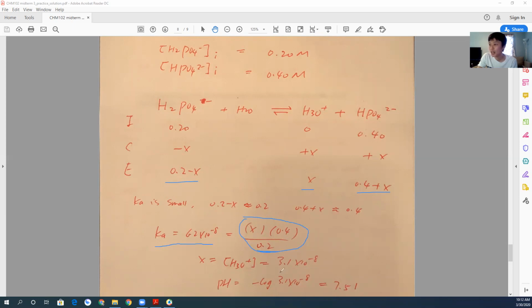I solve for x. And then you have to write down that you justified it: 3.1 times 10 to the negative 8 divided by 0.2 is way smaller than 5%, so the assumption is valid. By converting this x, which is the proton concentration, into pH, we got a pH of 7.51.